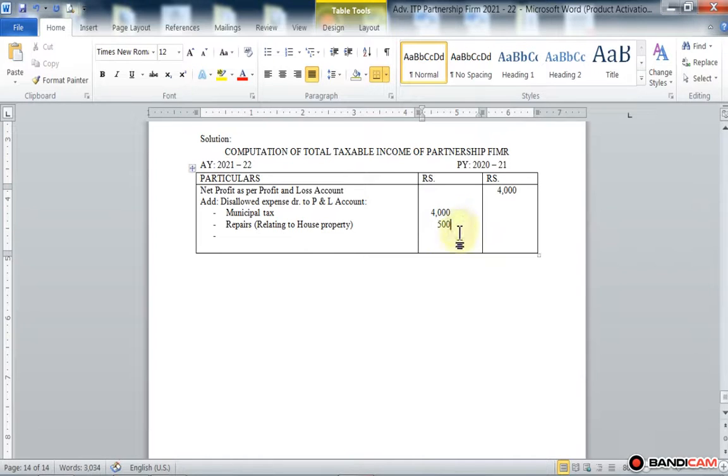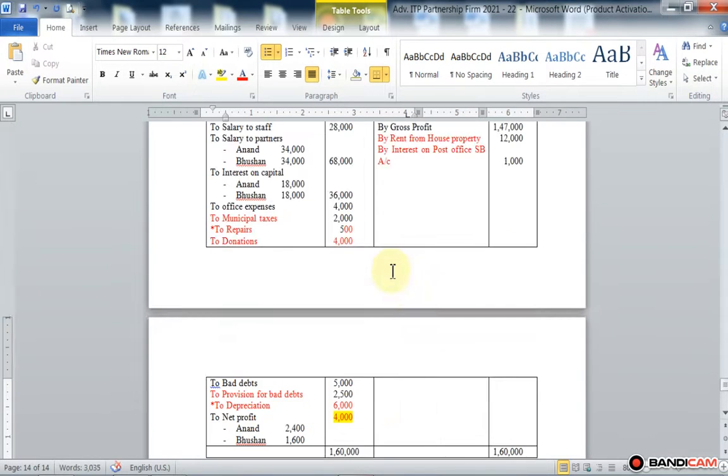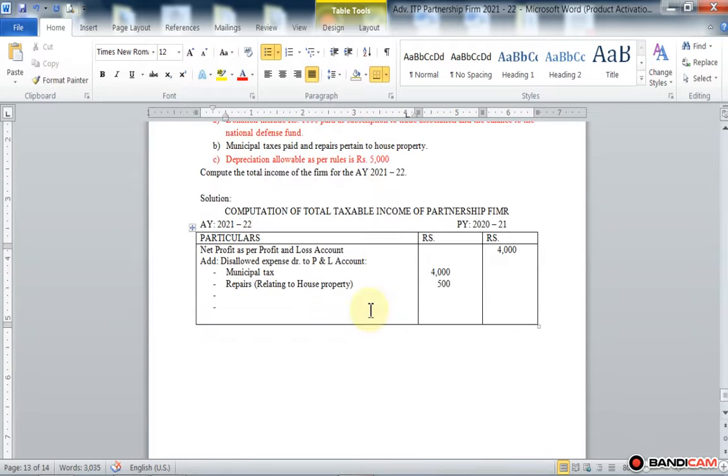Then next expenditure which is not relating to the partnership firm, that is donation. Donation amounting to rupees 4,000.